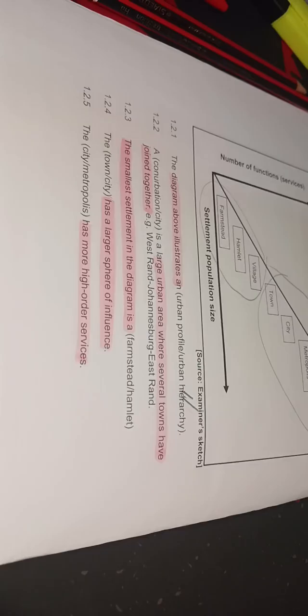1.2.2, the dash is a large urban area where several towns have joined together. An example is West Rand, Johannesburg, East Rand. What is the correct answer there? That is your conurbation. No, it's not a city.